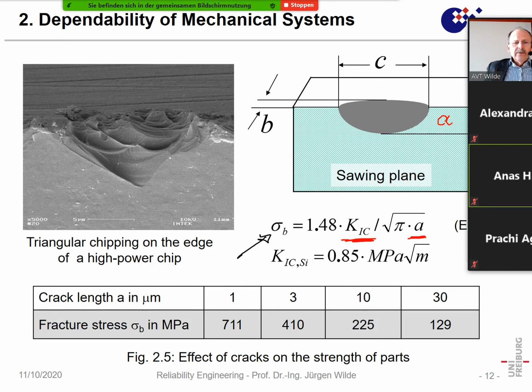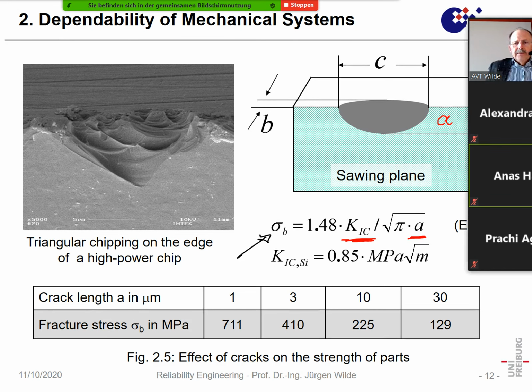Give me an idea. What do you think? No idea? So a typical constructional steel is around 400 megapascal.